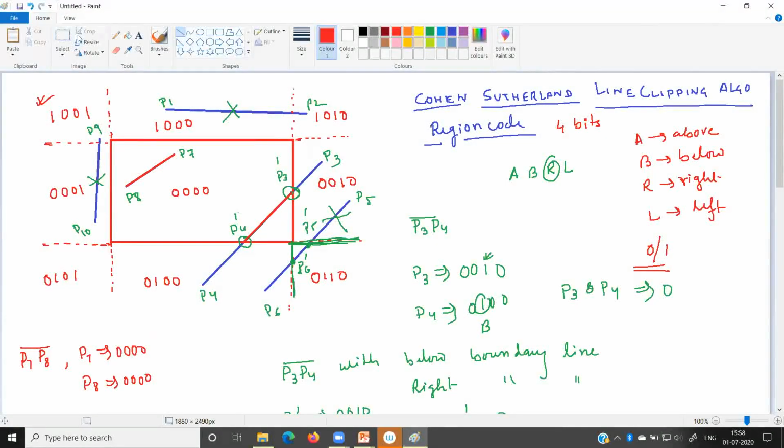Lastly, I will show you how to write down the algorithm for the Cohen-Sutherland line clipping algorithm. You just remember there are three possible cases. First one is completely inside the given rectangle. Case two is completely outside of the rectangle.